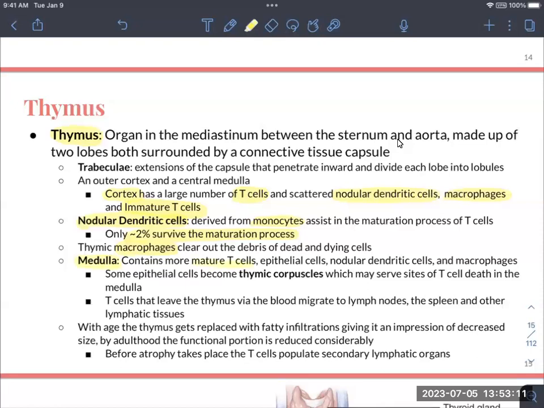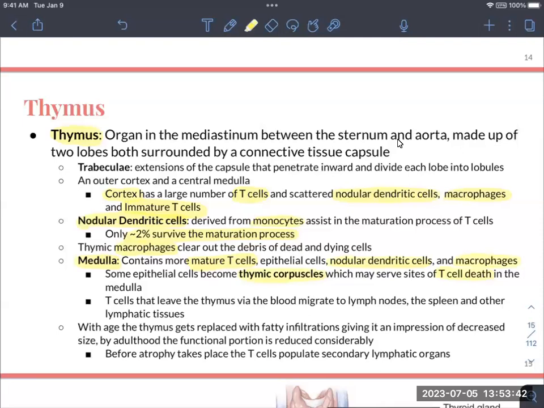These have more mature T cells. We have more nodular dendritic cells. We have more macrophages. We even contain some epithelial cells, because these epithelial cells are going to turn into corpuscles. These are T cell death areas.